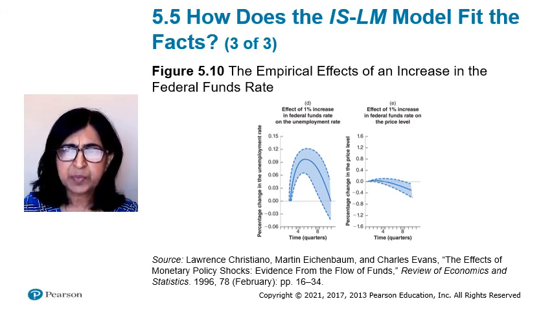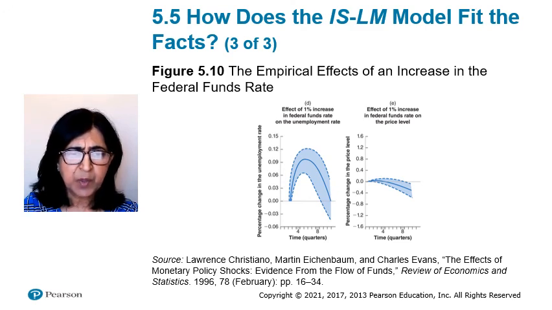The estimated percentage change in price level is as follows: quarter 1, 0; quarter 3, 0.1; quarter 4, 0; quarter 8, negative 0.1; quarter 11, negative 0.3. So it shows that this assumption is not a bad approximation of reality. The price is unchanged for the first 6 quarters. Only after the first 6 quarters does it decline.